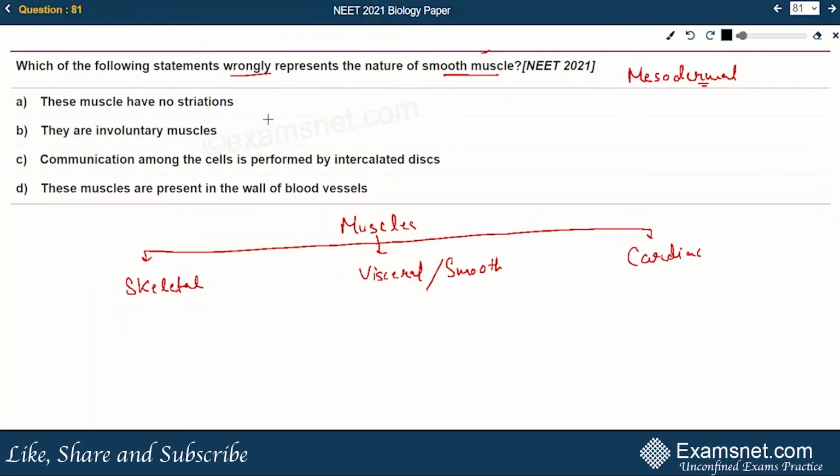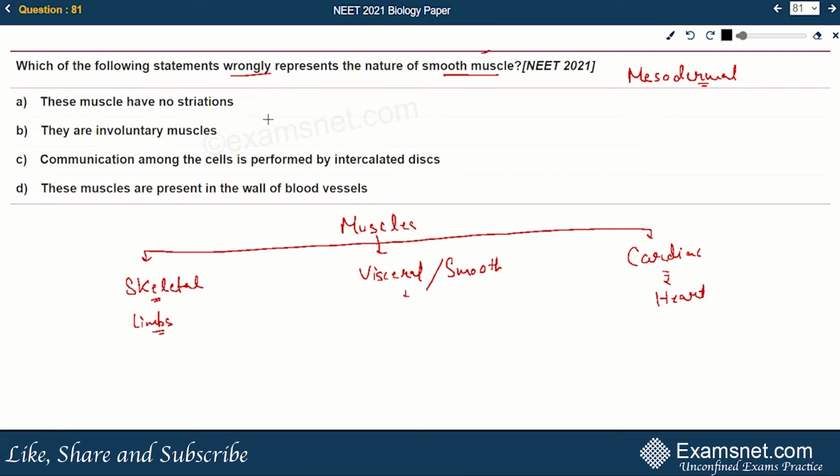As you can understand from the name, the skeletal muscles are those muscles which are closely associated with the skeletal components of our body. For example, your limbs. Similarly, cardiac muscles are the muscles of the heart, whereas visceral or smooth muscles are found in the inner organs of our body.